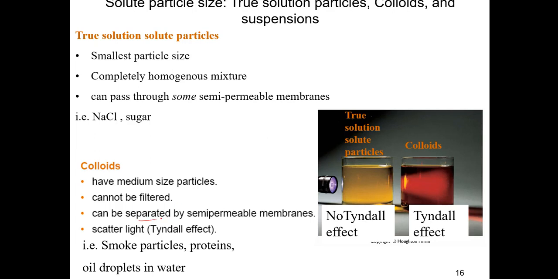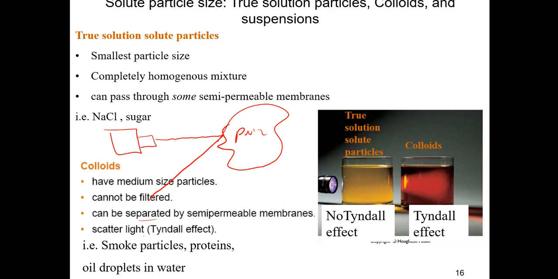And then something weird on this one is the Tyndall effect. Now it turns out that solute particles of colloids are so big compared to the true solution solute particles that if I were to shoot a beam of concentrated light, or even a laser, the particles are so big that the laser will reflect off and scatter light.